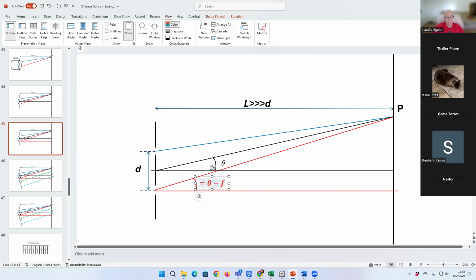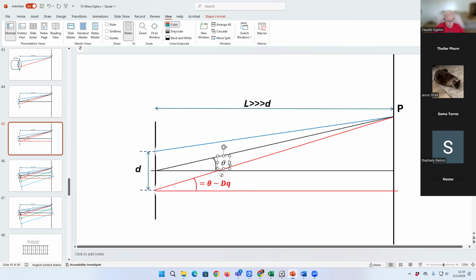Minus, let's see, I'm gonna put a delta theta, okay? The symbol font is not changing for some reason. Why is that? Let's see what's going on here.